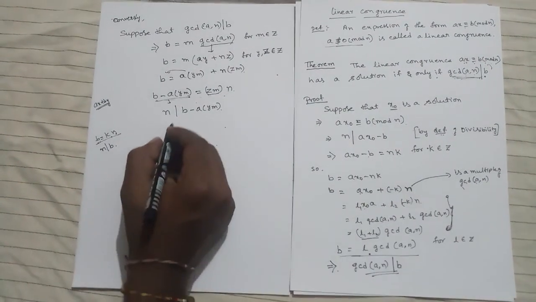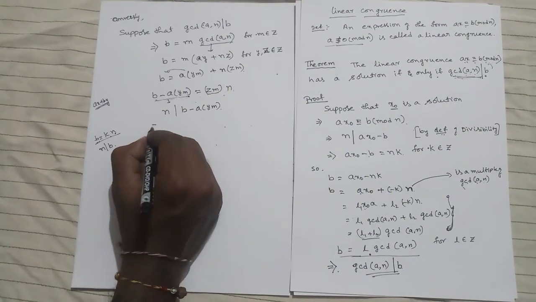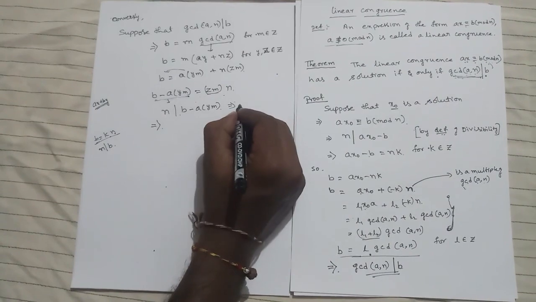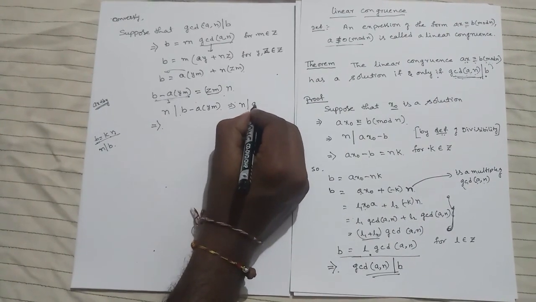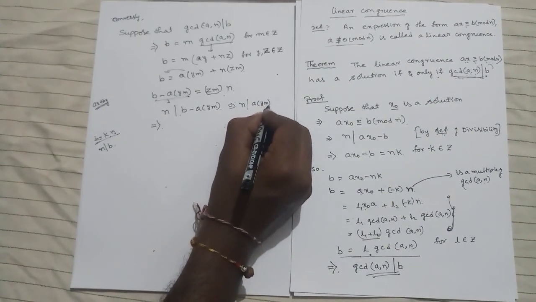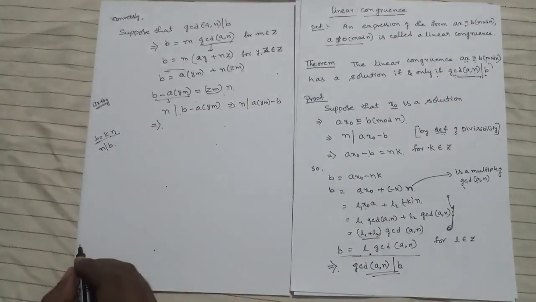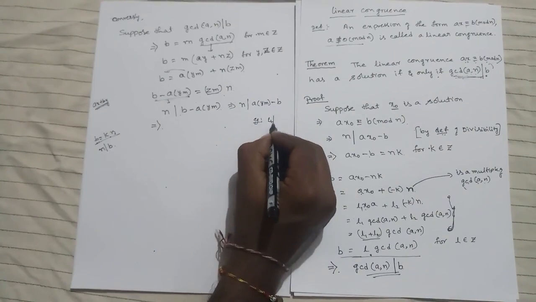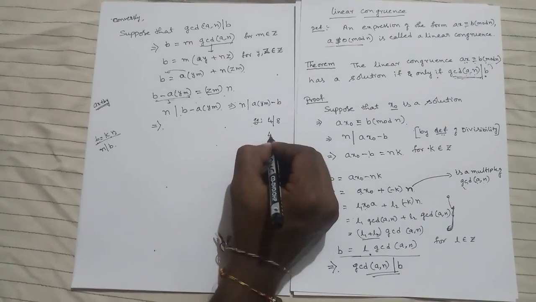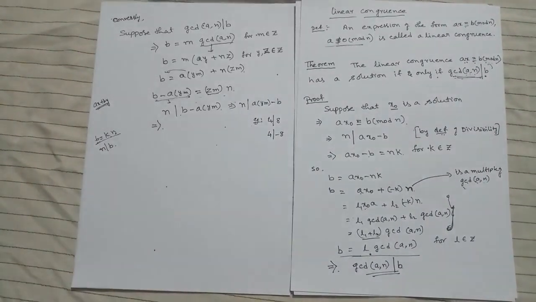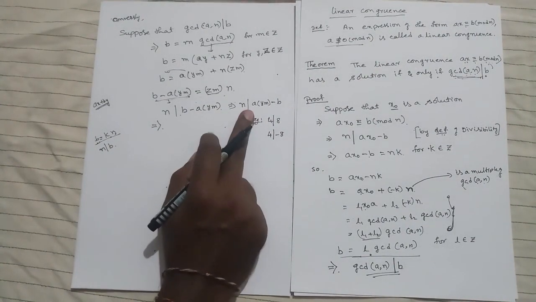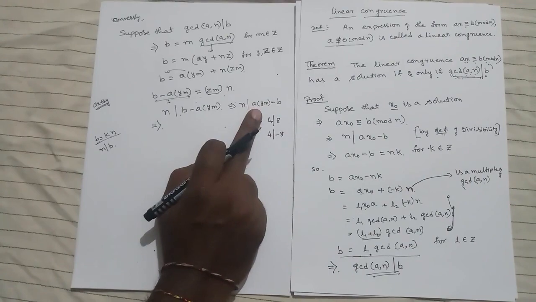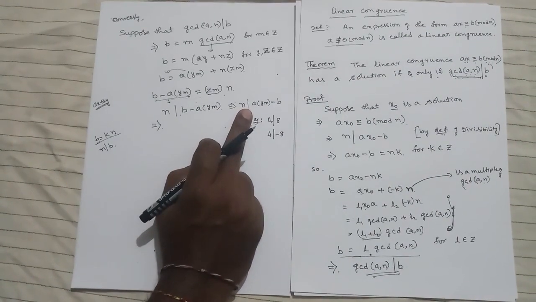Otherwise you can write n divides a times ym minus b. For example, 4 divides 8, so 4 also divides minus 8. If you take minus common, both are the same, no problem in that one.